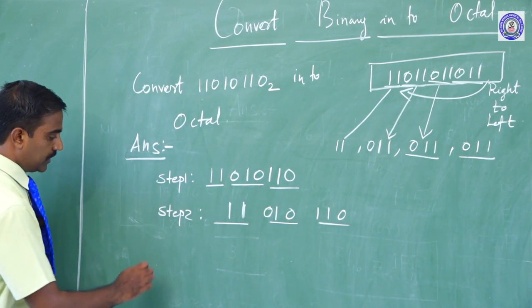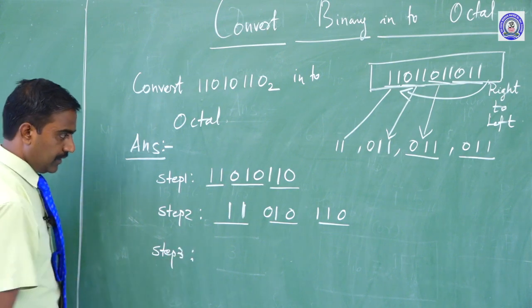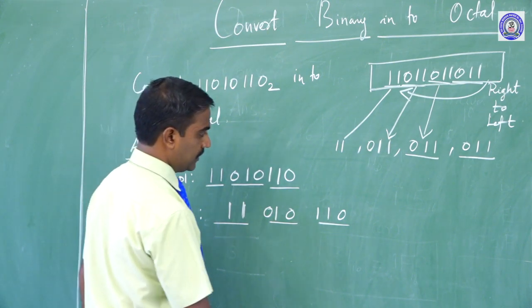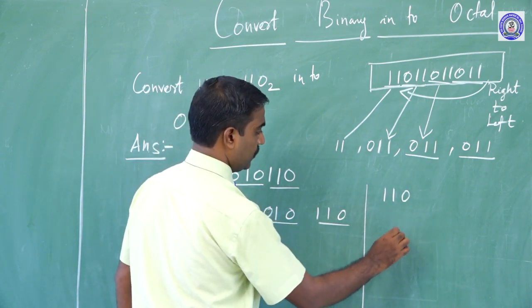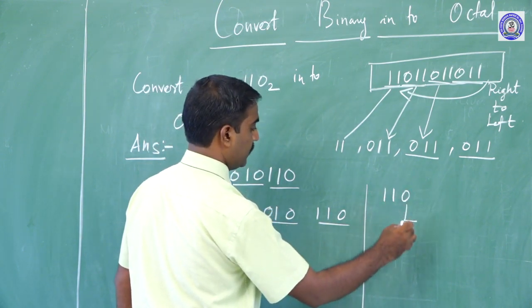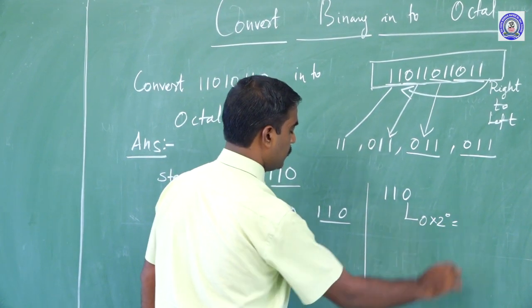Now step 3. In that case, 1 by 1 we will work out on that side. First we work out 1 1 0. Sir, we know the binary into decimal quick method: 0 into 2 to the power of 0.